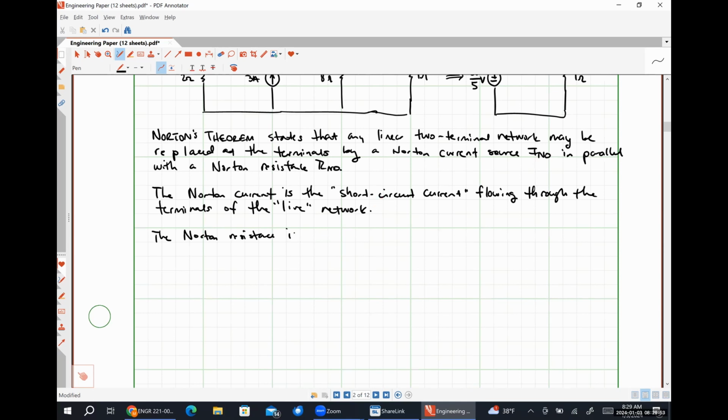And the Norton resistance is the resistance seen between the terminals of the dead network.